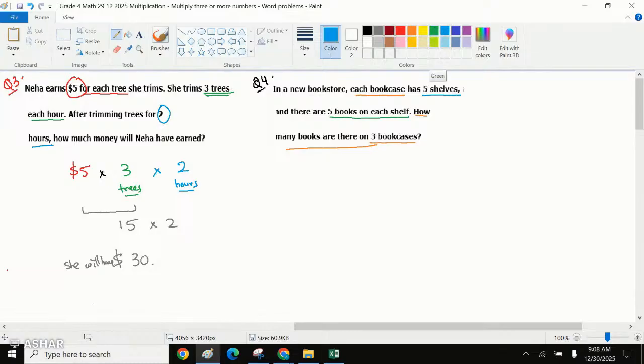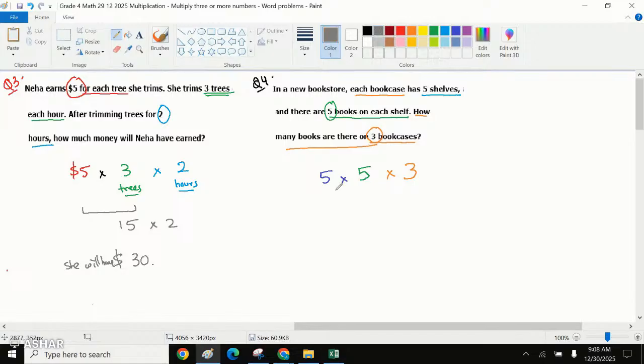So we can say one bookcase has 5 shelves with 5 books on each shelf, right? And how many bookcases are they asking about? They're asking about 3 bookcases.